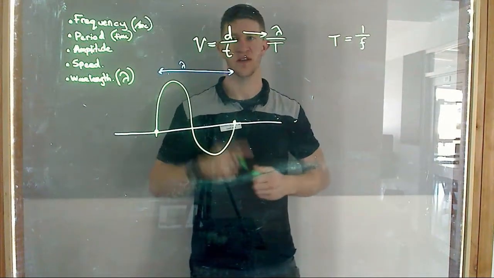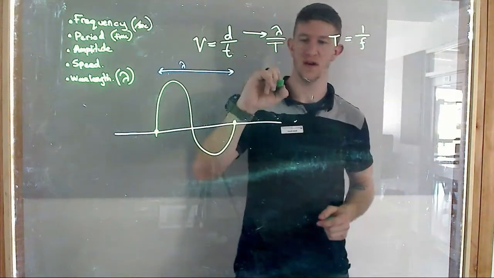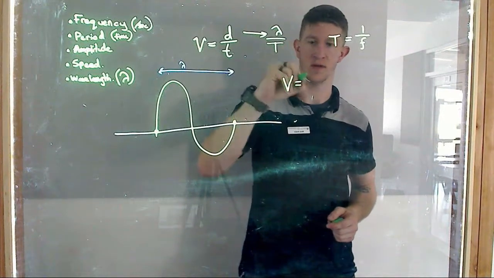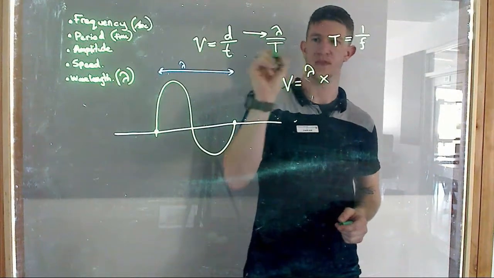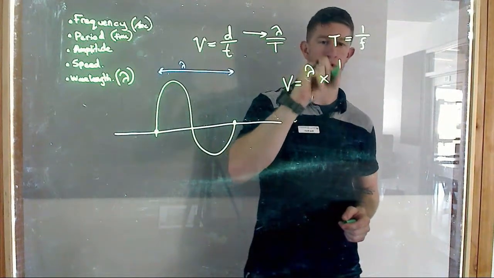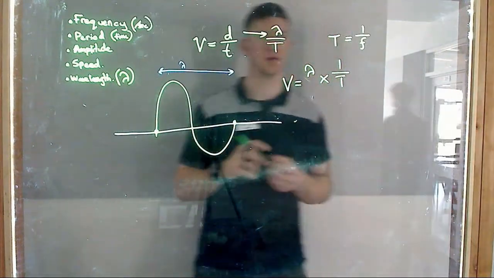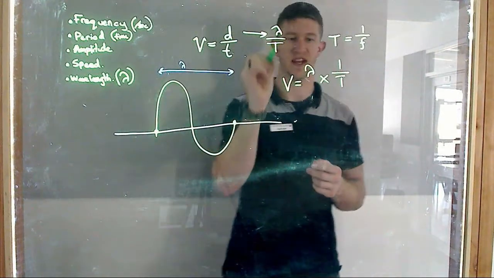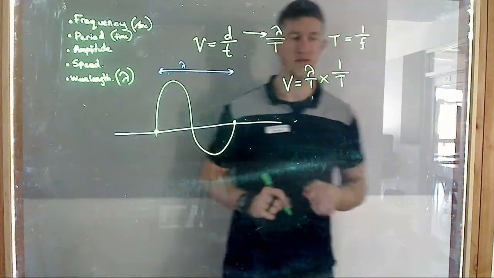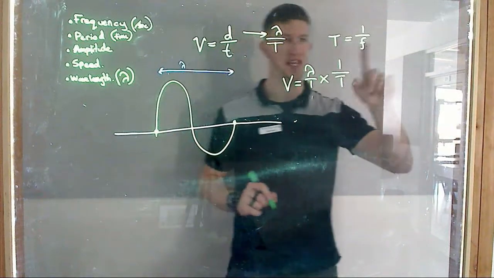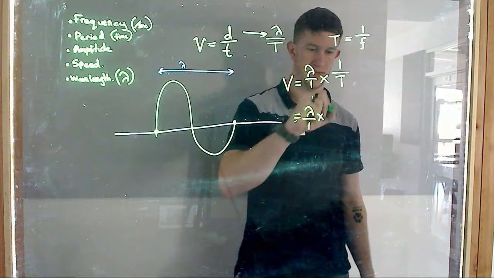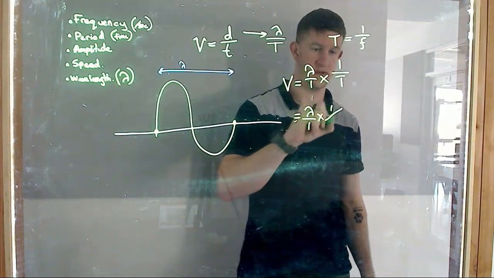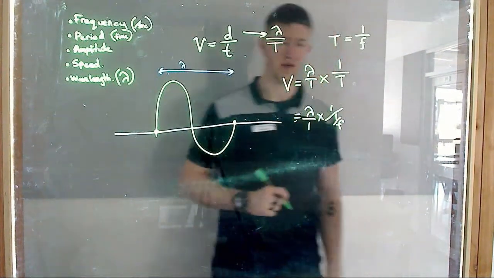So therefore, if we look at this equation, I've got V is equal to lambda times, and this is 1 over t, so this is 1 over t. All I've done is I've split these two fractions. Now this is the same as lambda over 1, but 1 over t is equal to lambda over 1 times 1 over frequency.